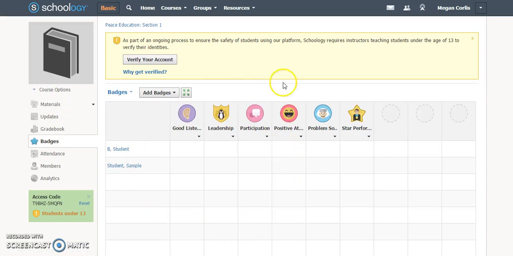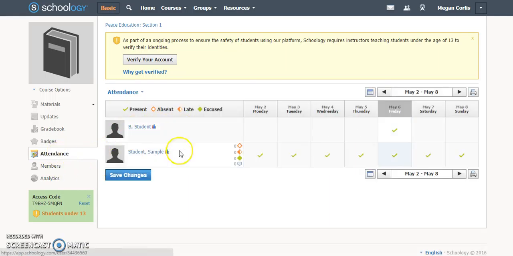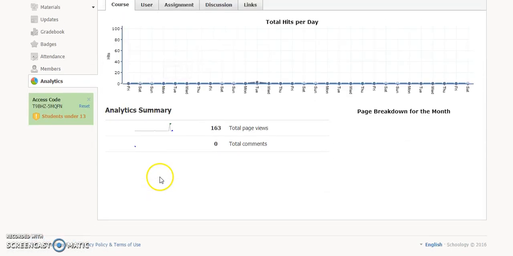There's also space for badges, so students who are using different roles can be rewarded. So a positive behavior management system is also built in. I can also monitor attendance for my students. You can see when they were present. You can mark students present, or you can see when they logged in. It's also a built-in analytics feature.